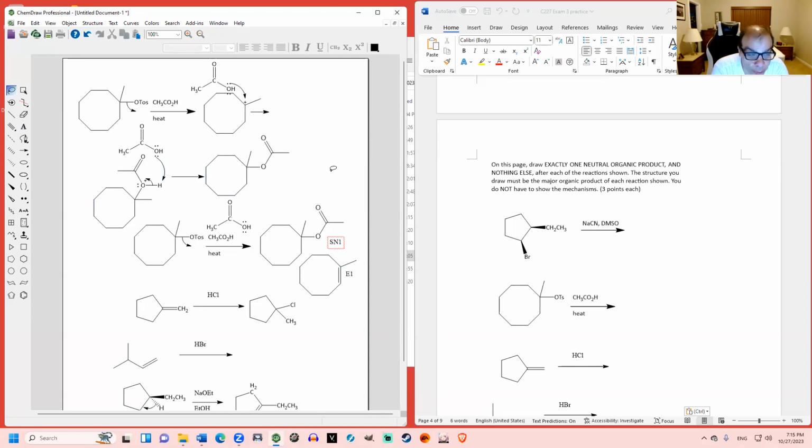So what you need to know is that the SN1 reaction starts with loss of the leaving group. You get a carbocation. Then you get attack of the protic solvent, you get a protonated species. Then you use another molecule of the protonated solvent to pull the proton off the oxygen with the plus charge. And you get your final product that way.